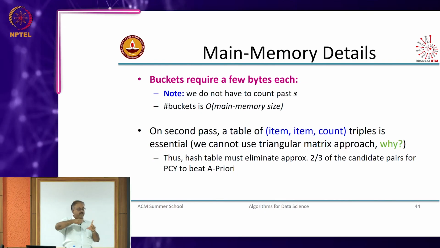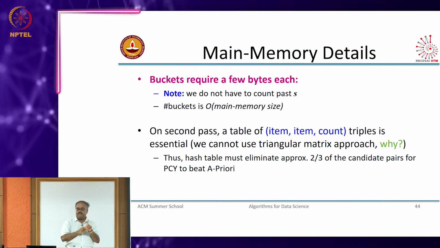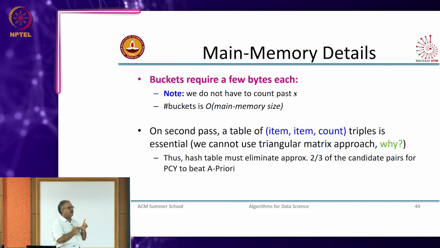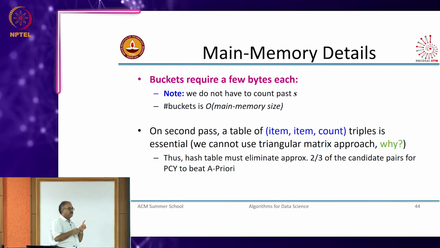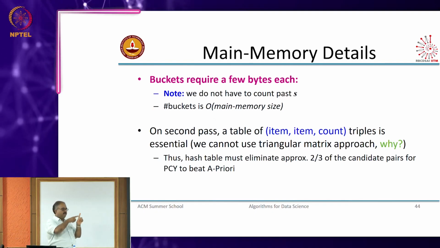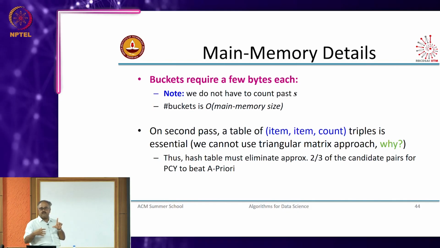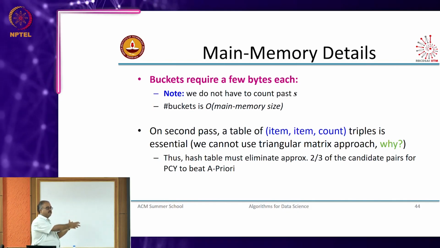But now you have done a further filtering to throw away a lot of candidate pairs. If they do not hash to a frequent bucket, you throw them away. So even with a matrix representation, a lot of those entries will never be used, but I will still be creating memory for them.